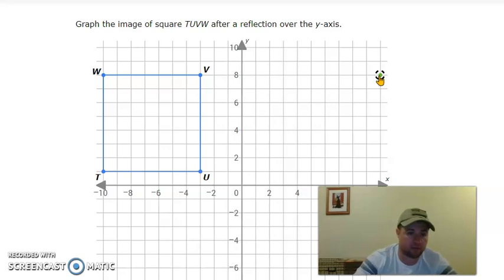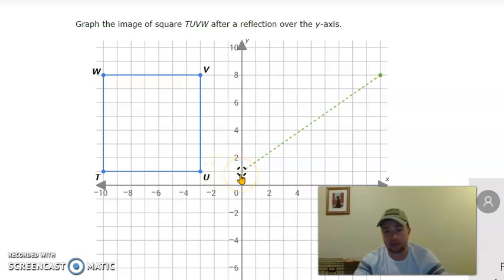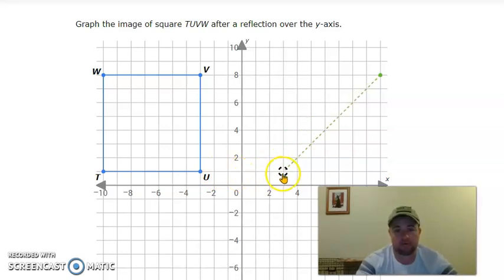Now I'm going to look at point T. Point T is 10 away from the mirror. So I'm going to do it on the other side. 1, 2, 3, 4, 5, 6, 7, 8, 9, 10.